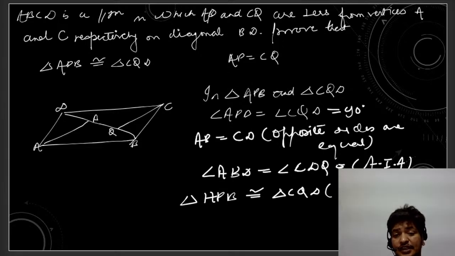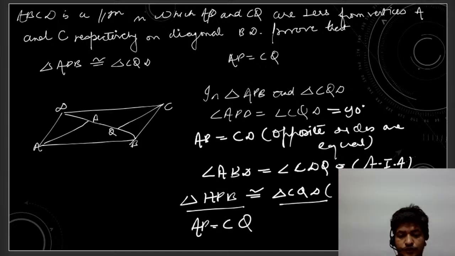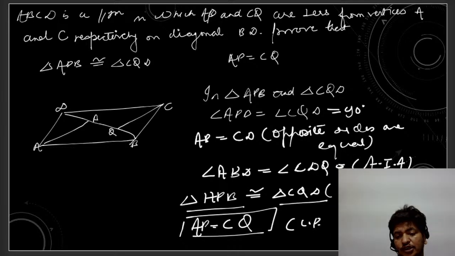This implies that we can say that ki APB and CQD is congruent, which implies that ki AP that is equal to CQ, or AP or CQ equal होगा by the property of corresponding parts of congruent triangle congruency. We can state that ki these two triangles are congruent, which state that ki AP और CQ equal होगा. तो पहली प्रॉपर्टी डन. अब आते हैं हम लोग दूसरी प्रॉपर्टी पे.